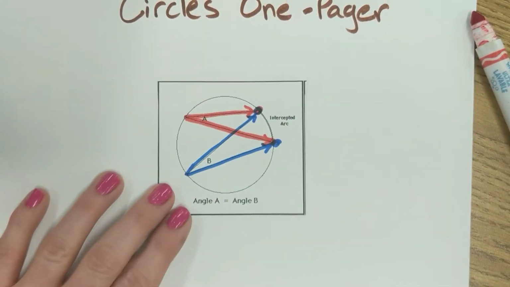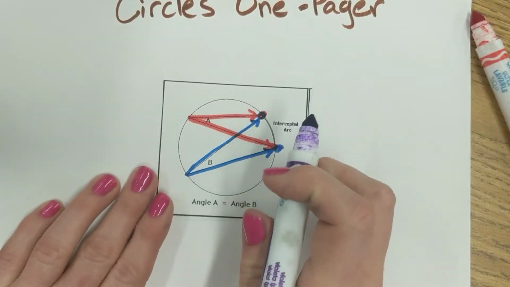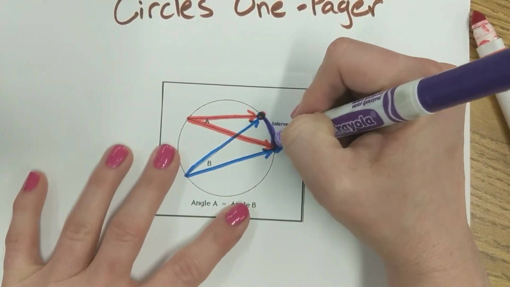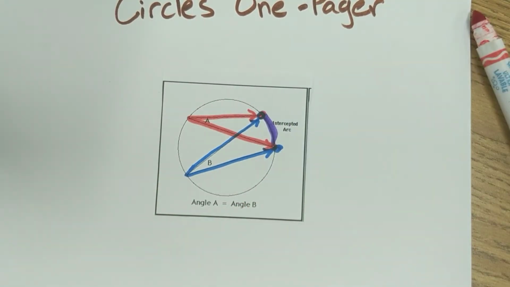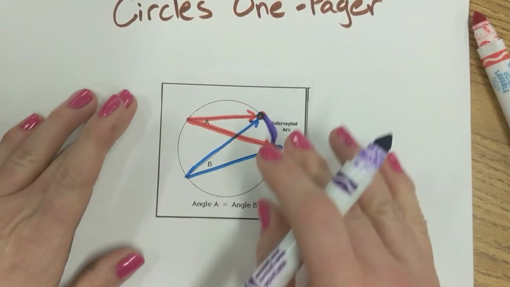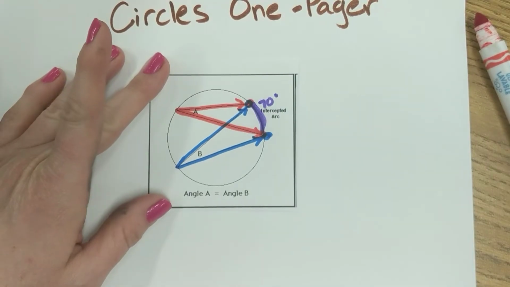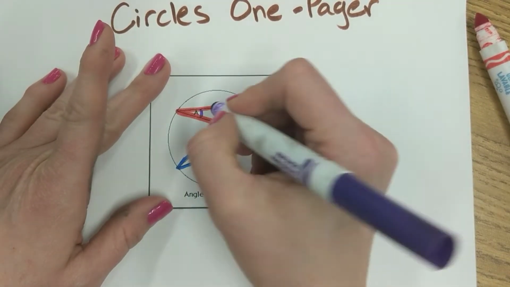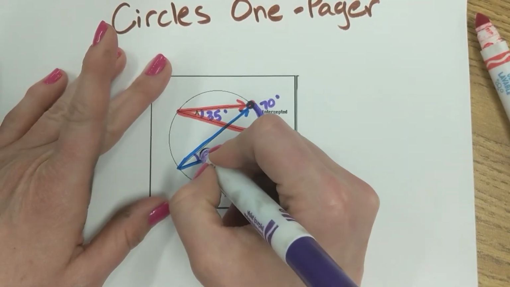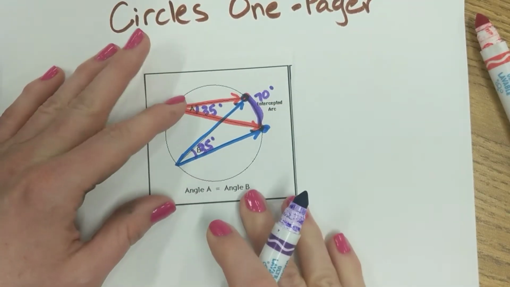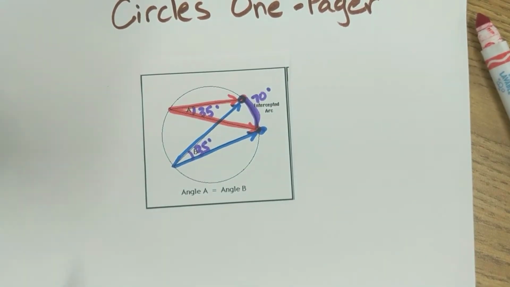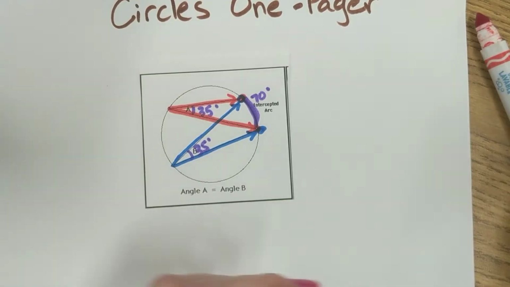Because angle A and angle B are both formed by the same arc, they're both going to be the same. If this was 70 right here, then both of these would have to be 35 because these are both inscribed angles and they're half the value of their arc. So angle A does have to equal angle B because they both intercept the same arc.